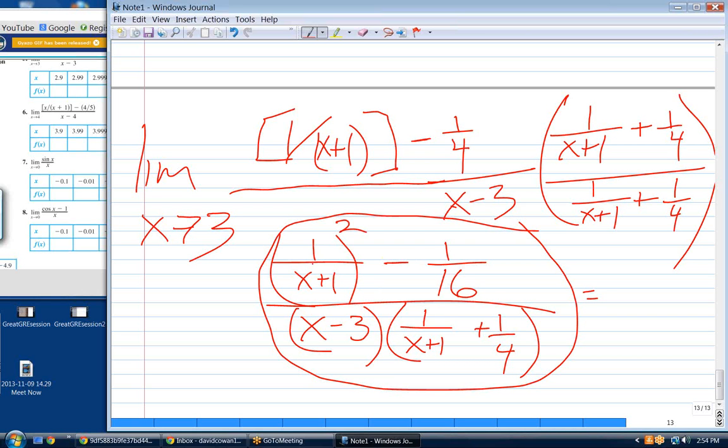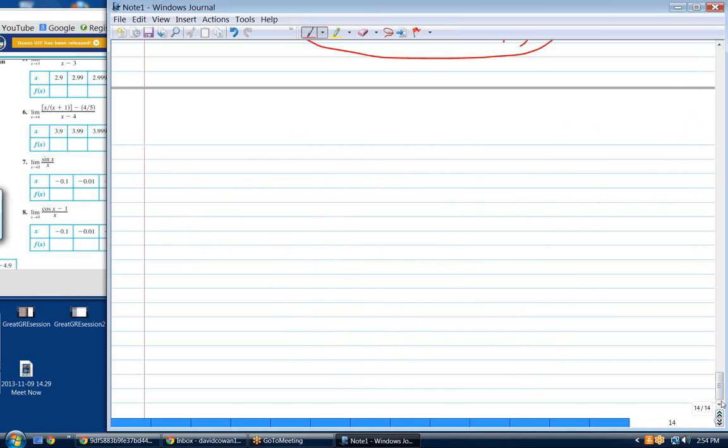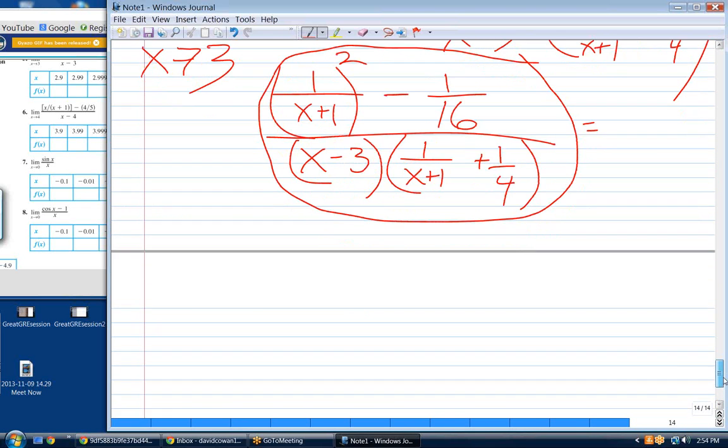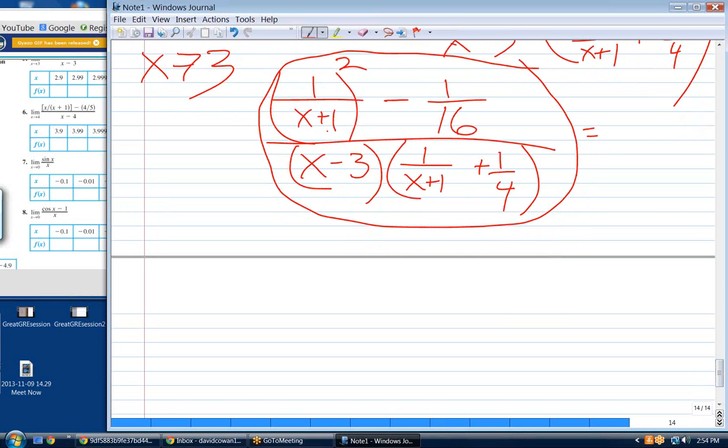You do need to add these two in the numerator together. Let's expand this. In other words, I can't see anything that cancels at the moment. But if we expand this, we'll see it.